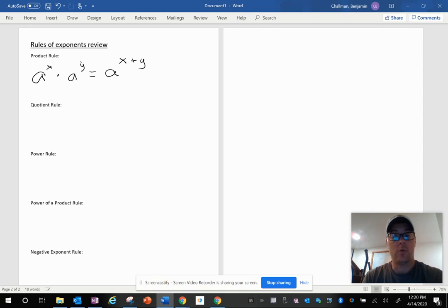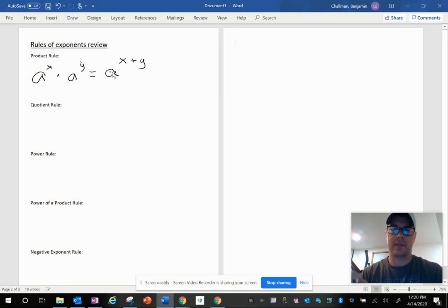Now, as you can see here, I've taken a base, they're both a's, and they have different exponents. One is x and one is y. And if I multiply these two things together, as long as they have the same base, I can add the exponents together and keep the base right here. So I can combine them from two separate things into one.